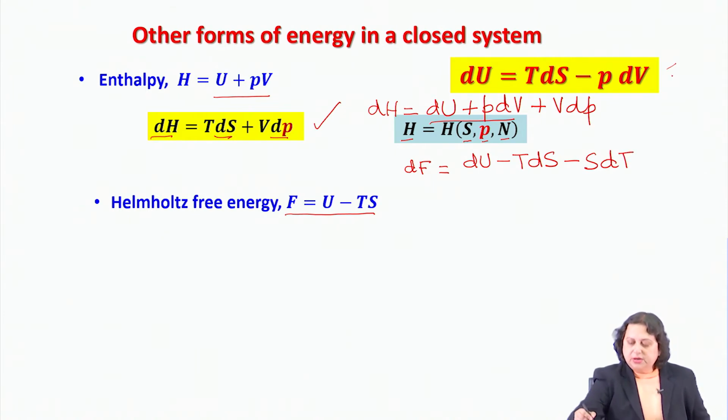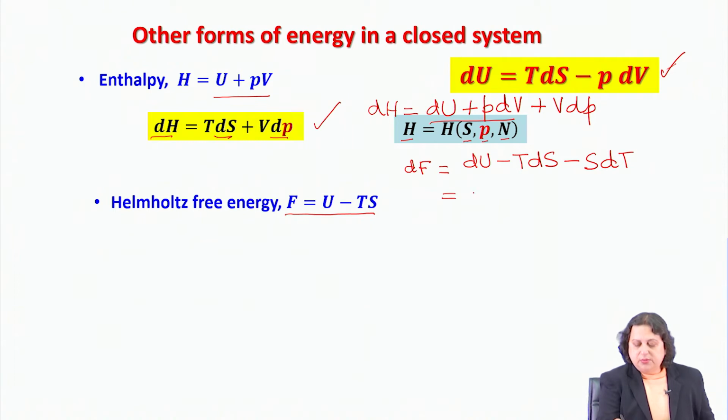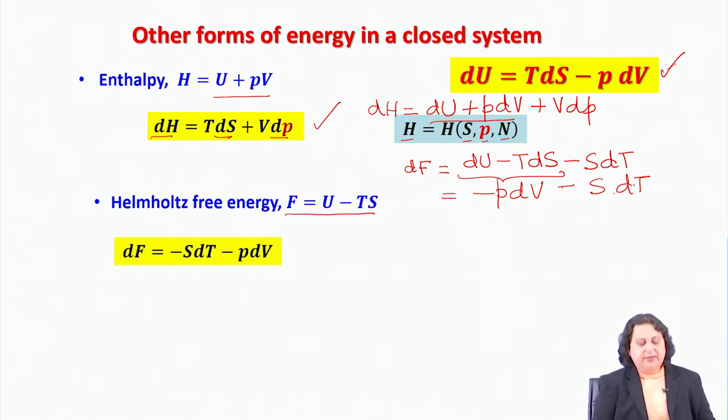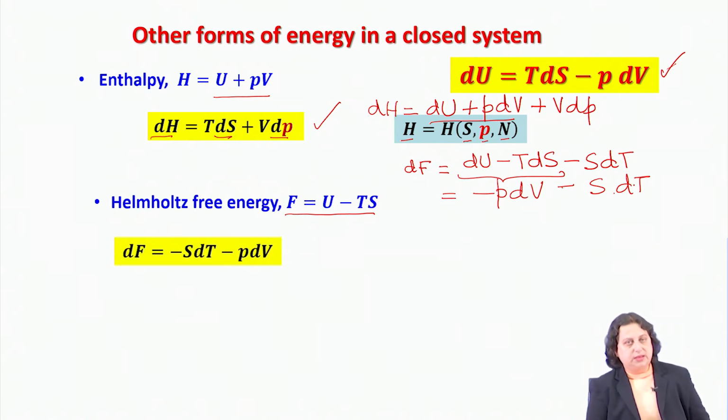Now, if I use the combination of the first law and the second law of thermodynamics again, what is dU minus TdS? That must be equal to minus PdV. So I am going to replace these two terms by minus PdV, and then I have minus SdT. So I can write down dF is equal to minus SdT minus PdV.